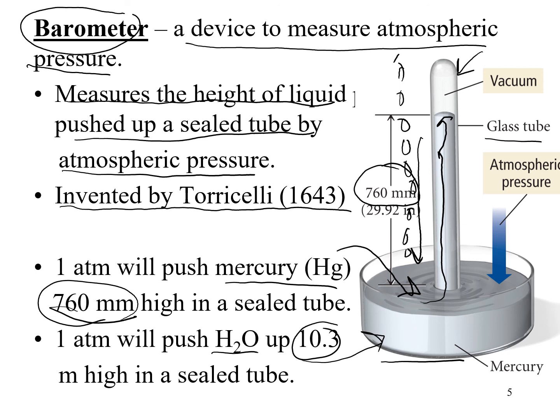You don't need to remember that, but it shows you why we use mercury instead of water. You can imagine the height here. 760 millimeters is about 3/4 of a meter high. And 10.3 meters is very tall. That's going to be 10 times higher than this. You need an extremely tall glass tube.